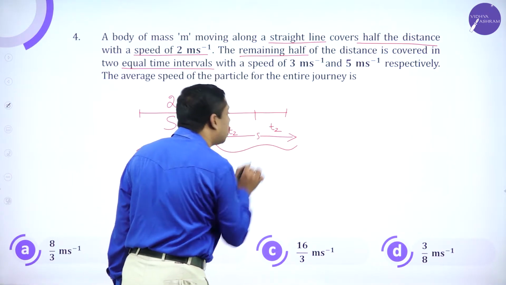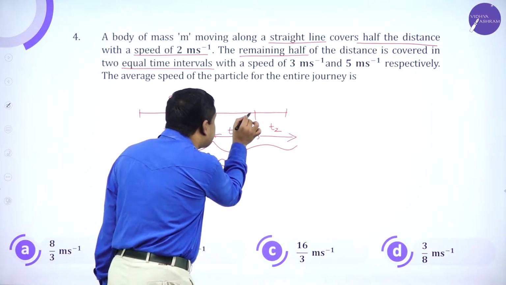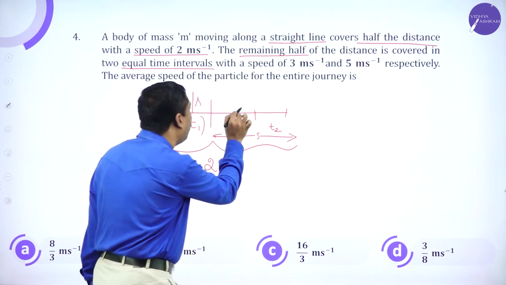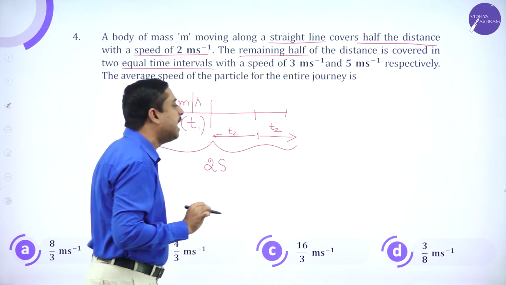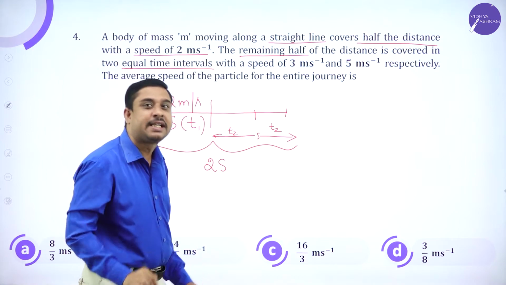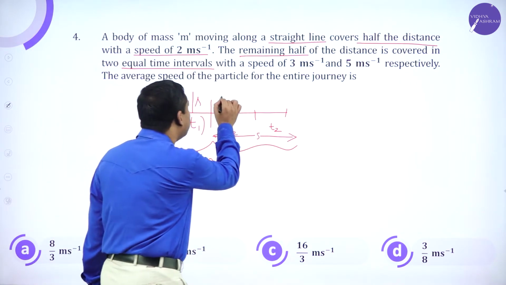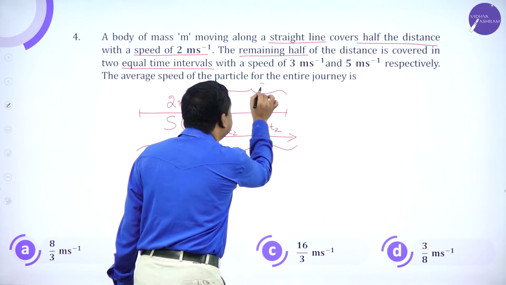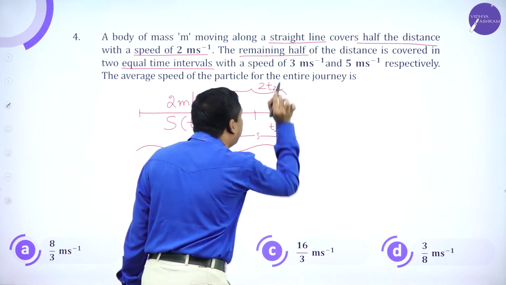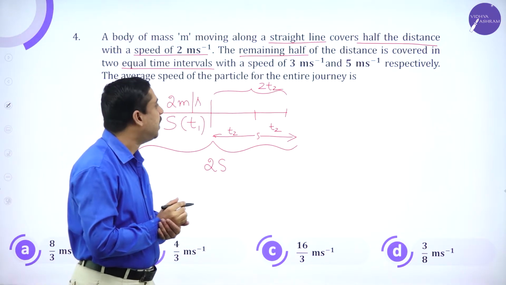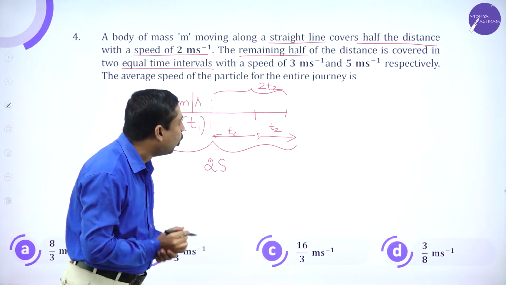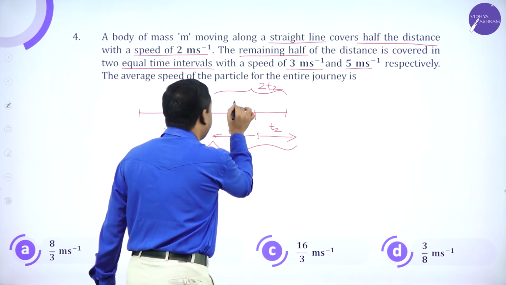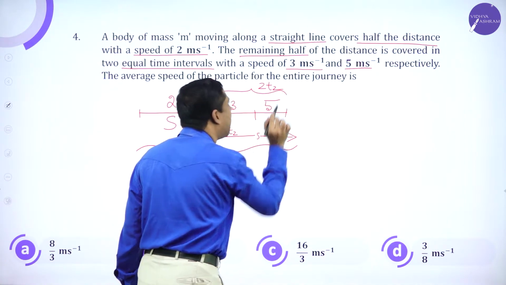In the remaining part, the first half is covered in a time interval t2, the next half is covered in again an equal time interval t2, which means the next half of the distance is covered in a time interval 2t2 with a speed of 3 and 5 meters per second.